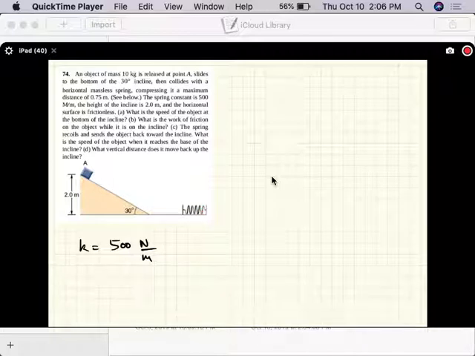Now here's the deal. If both of them were frictionless surfaces, this would be a perpetual motion machine. It would fall down, compress the spring, then go back up, and keep doing that for billions of years.